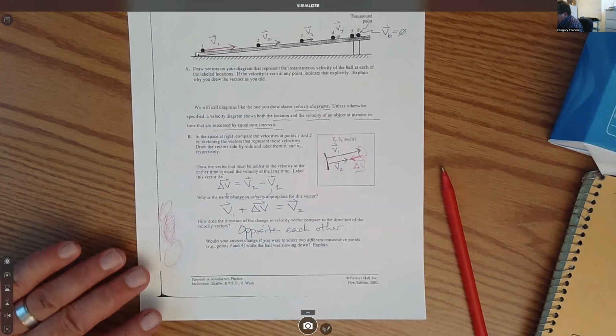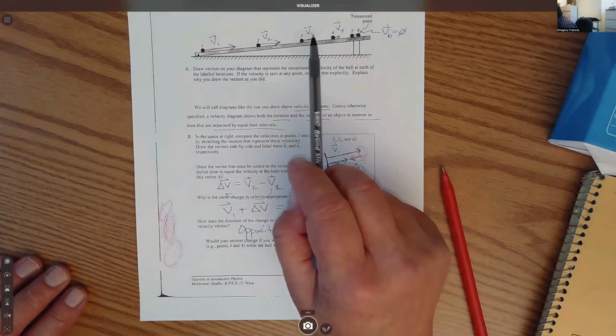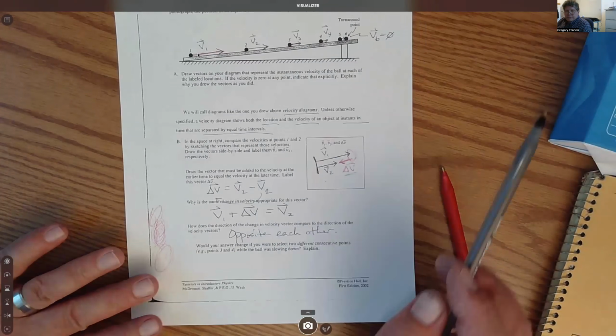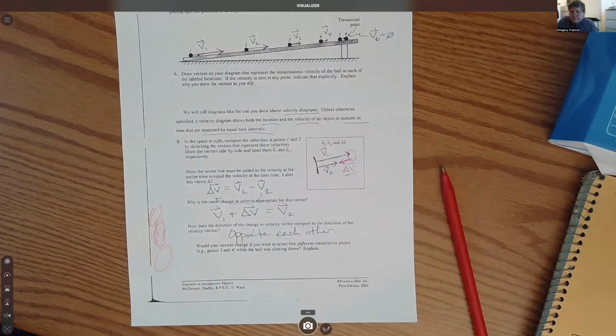Now, what if I had gone from 3 to 4? Would that change my answer? Think about that for a moment. Well, no, it wouldn't, because the vectors are still getting shorter as time goes on. My change vector is always going to be in the opposite direction of the velocity vectors.